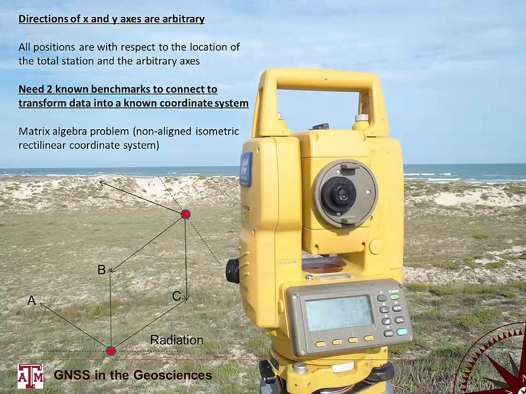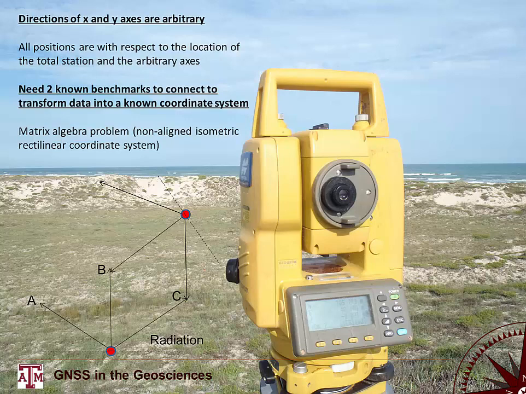This transformation can be done many different ways. However, in this class, we'll use a simple Excel spreadsheet to compute the transformed coordinates, and you'll do this for the different approaches. So you'll transform the coordinates from the tape and compass, from the level and rod, and from the total station all into geographic coordinates, so they'll have meaningful geographic locations.